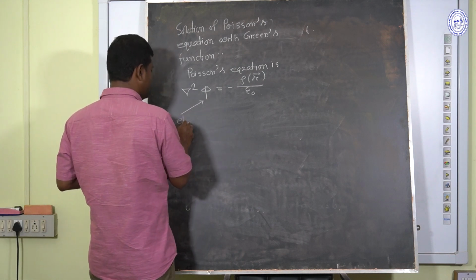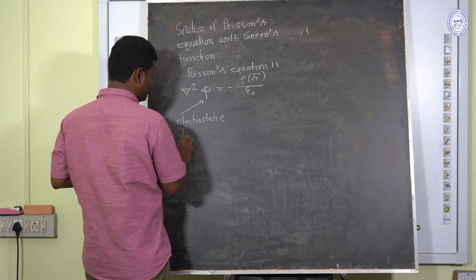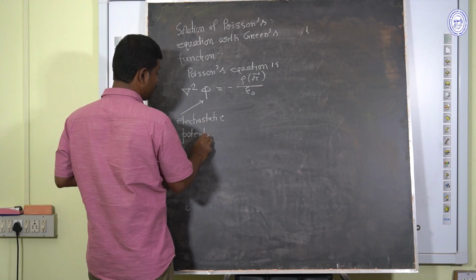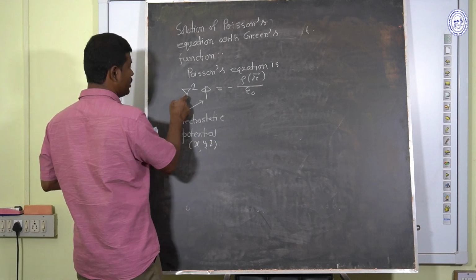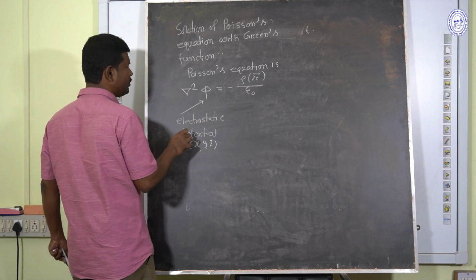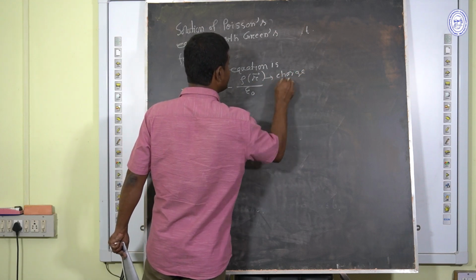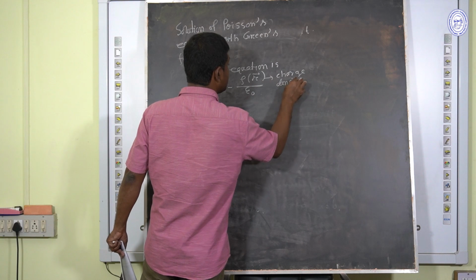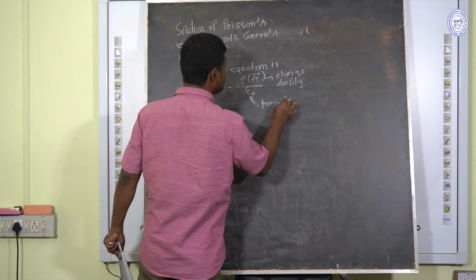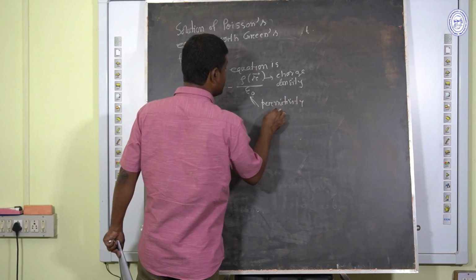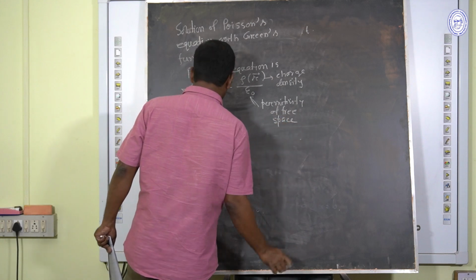Phi is the electrostatic potential, a function of x, y and z. X, y and z are independent variables. Rho is the charge density, and epsilon 0 is the permittivity of free space.